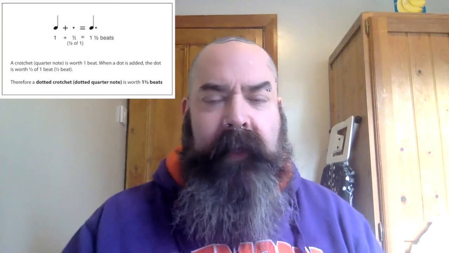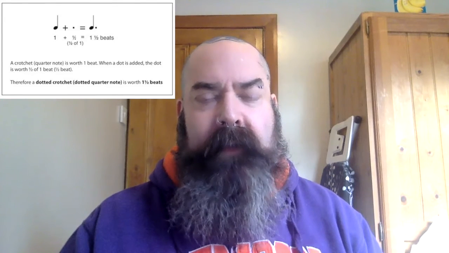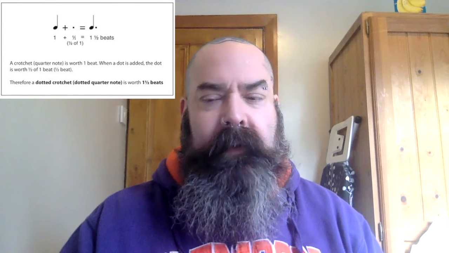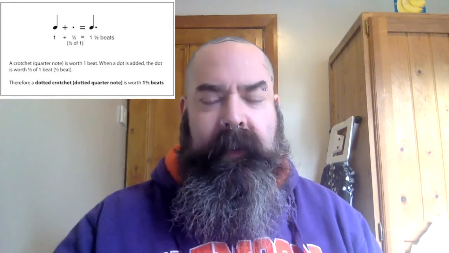So if we have a dot next to a quarter note or a crotchet, then that is going to be worth 1 plus half of its original value, which is a half. So it's going to be worth 1.5 beats. And so we will count that 1 and a, 2 and a, 1 and a, 2 and a.